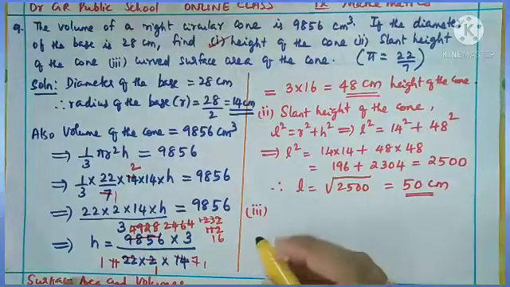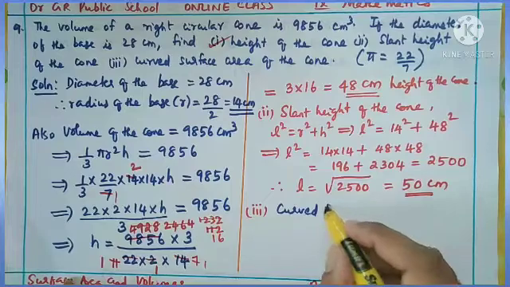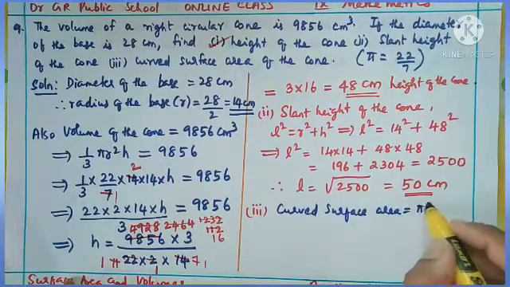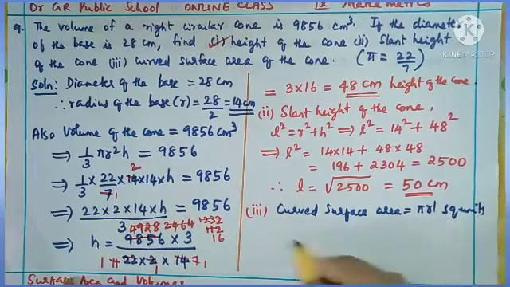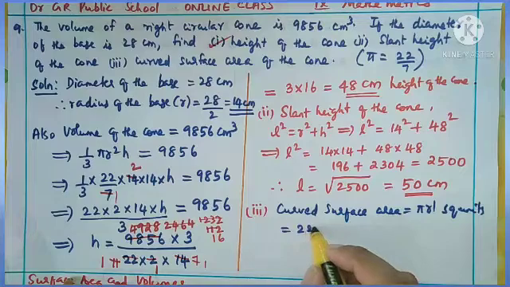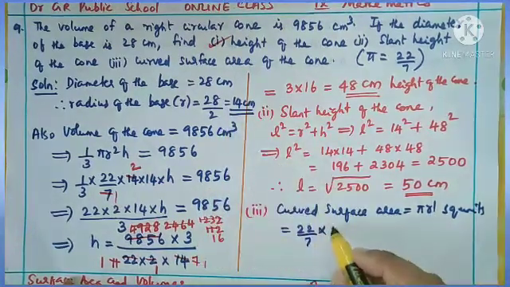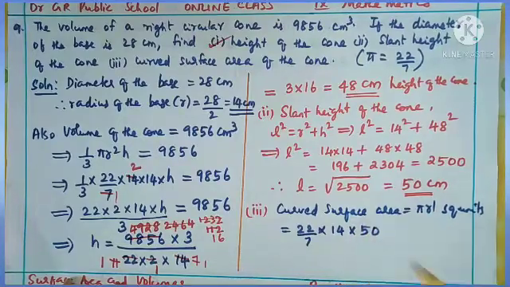So use the formula: curved surface area equal to pi RL square units. Now put all the values. 22 by 7 into R. R value is 14 into L we found out now, that is 50.